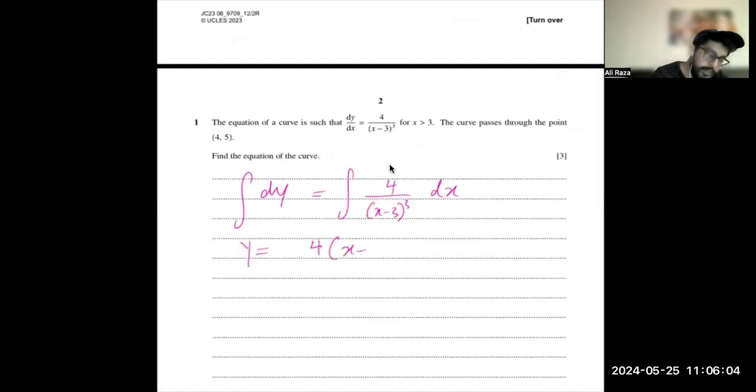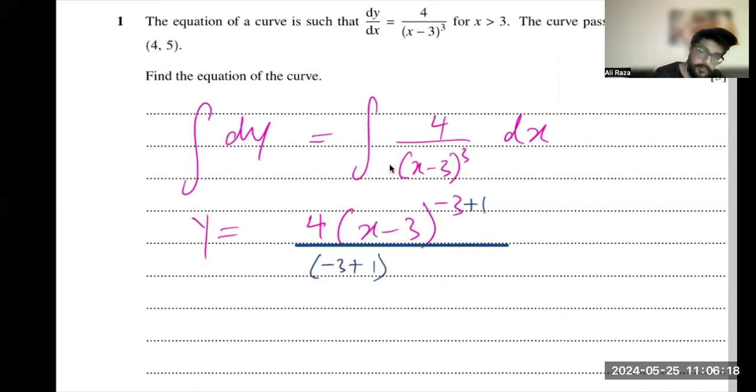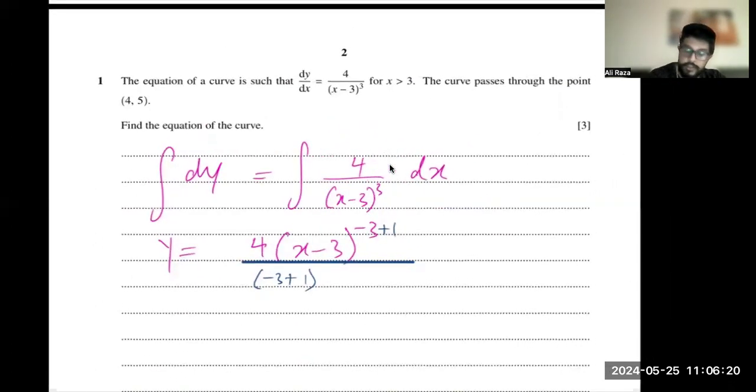We bring (x minus 3) power 3 to the numerator. We add plus 1 to the power and divide it by the new power. Since there are no limits over here, we add a plus c to it.